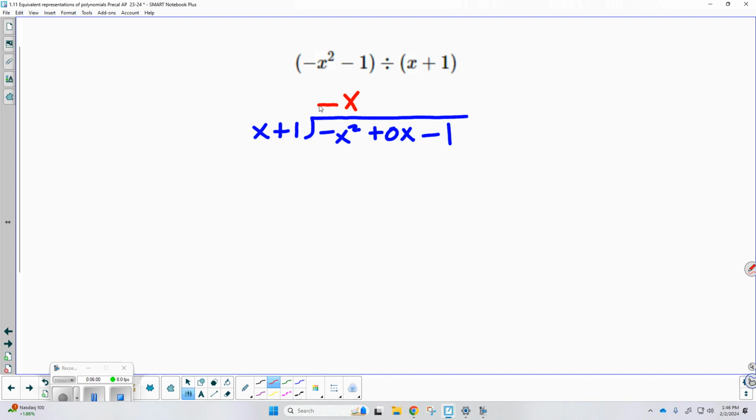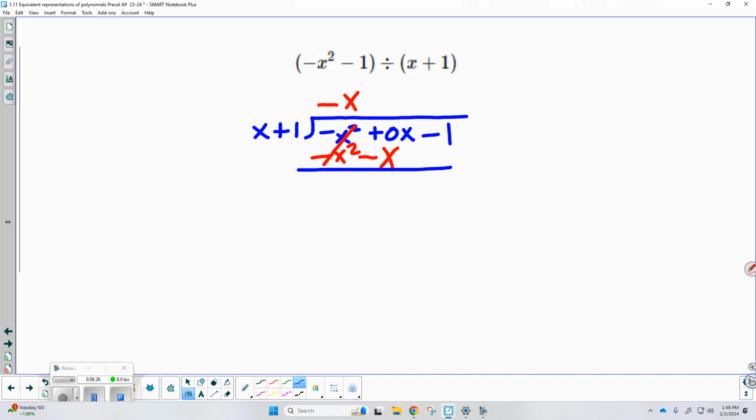So once you put that, what do we do with it? Yeah, you're right. So he distributed negative x across the binomial there. So now once you've multiplied, okay, Brian, what do we do?